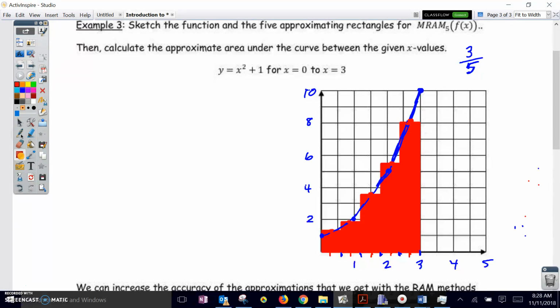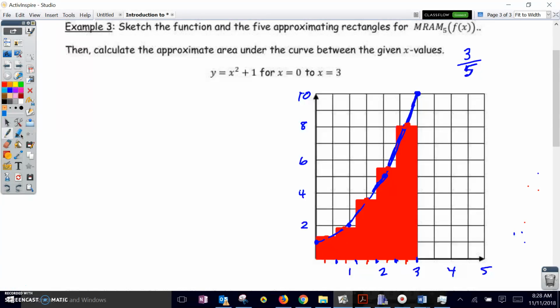Now, something you'll notice, unlike the examples that we did with LRAM and RRAM, is instead of all the rectangles being above the curve or all the rectangles being below the curve, since this is an increasing curve, what we've got is a little bit of excess area on each rectangle.